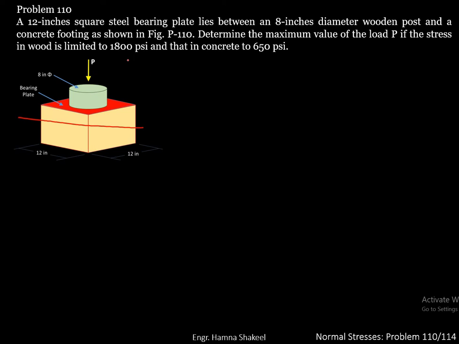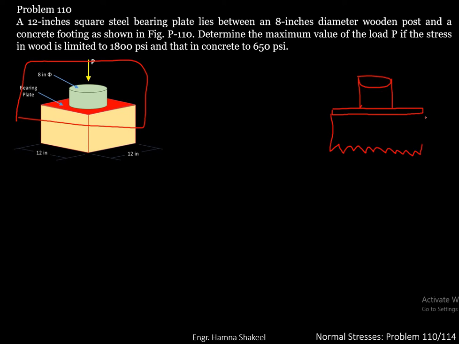Let's do the same thing for the concrete block. First draw the free body diagram. So you have the wooden post, then you have the steel bearing plate, and then you have the concrete block. A force of P is applied here and you will have a reaction P here. So the concrete is also under compression. The stress in concrete is limited to 650 psi.